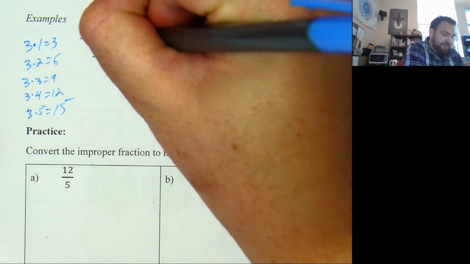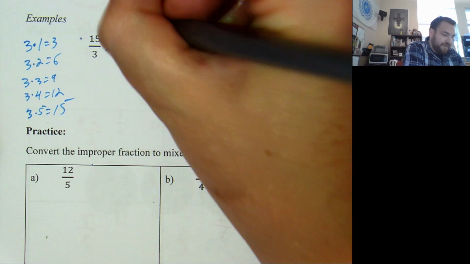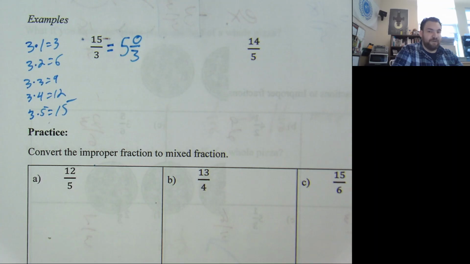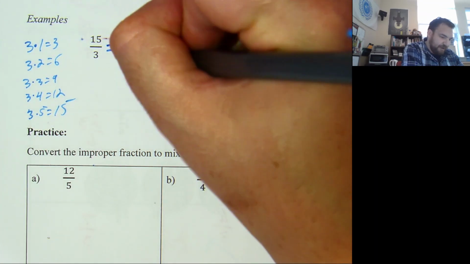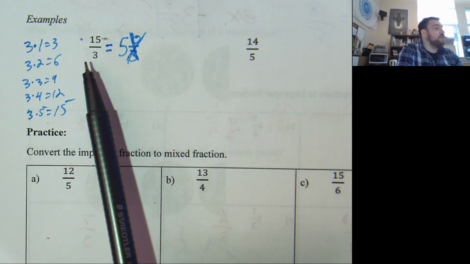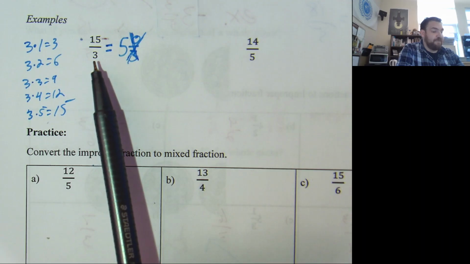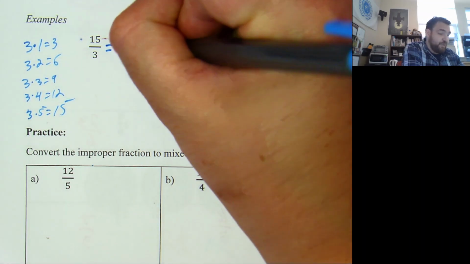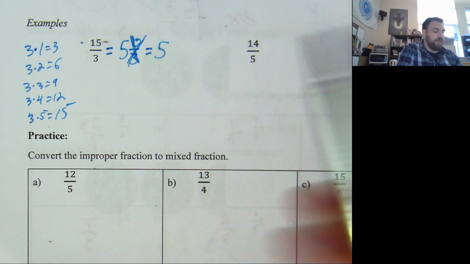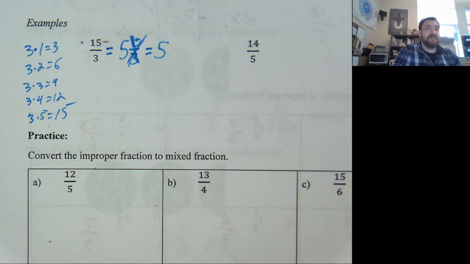So 15 divided by 3 is 5, with 0 thirds left over. You'd never write the 0 thirds. So if I asked you to convert that improper fraction to a mixed fraction, you would just need to recognize that that's just a whole number. 5 is the same as 5 and 0 thirds. That's all you'd have to do. That's really boring. Let's make this more interesting.